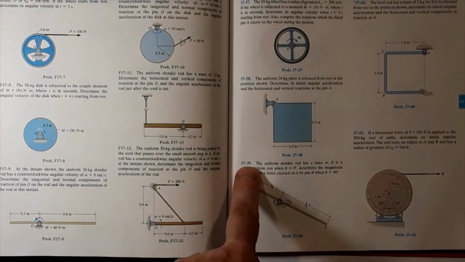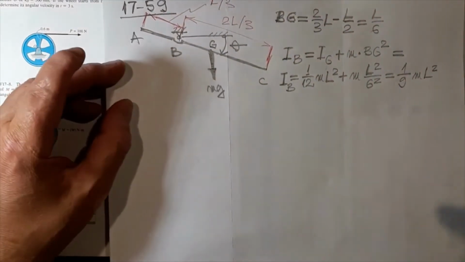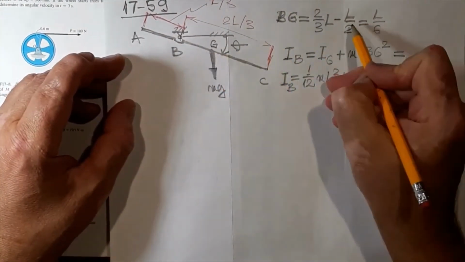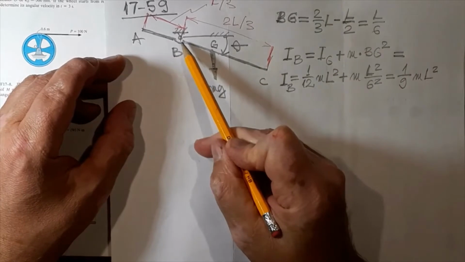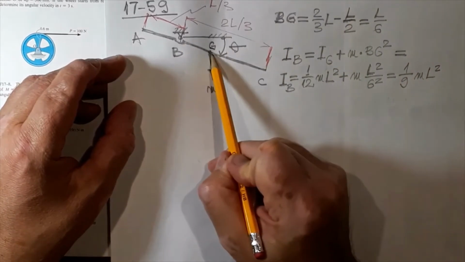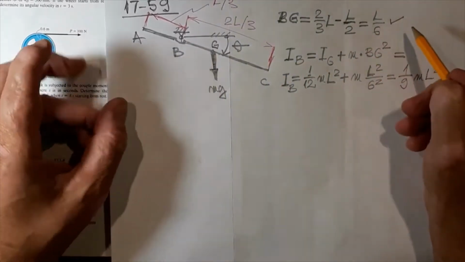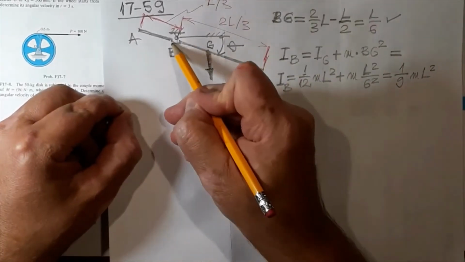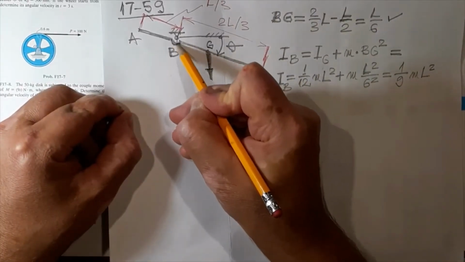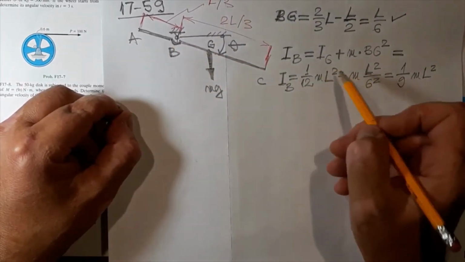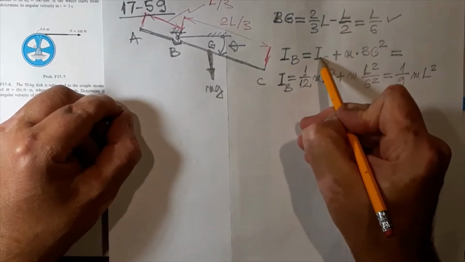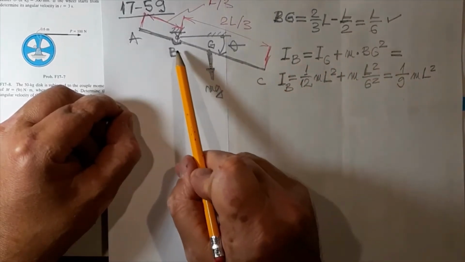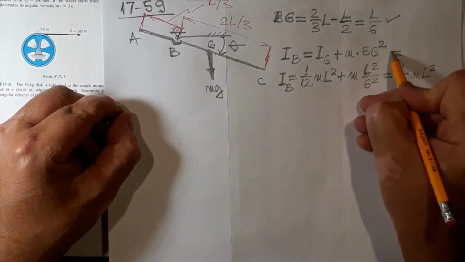Okay, so back to problem 15-59. We have it on paper. We calculated in class the distance from the hinge to the center of mass. It's L/6. Then the mass moment of inertia of the rod about point B is the centroidal moment of inertia plus, by the parallel axis theorem, the distance BG squared times the mass.